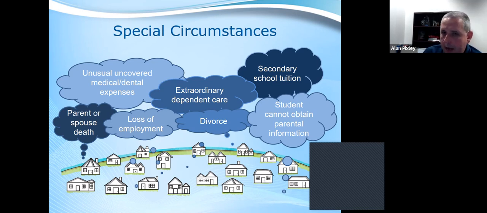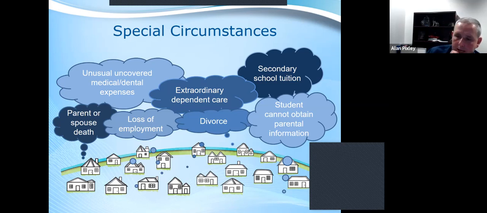If you can show proof that you paid that, that can actually help to adjust that EFC formula. Loss of employment. Maybe you have a special needs child that causes you to have extraordinary child care, something like that. A school can take that into consideration. It could be a divorce that's happened that's caused an excessive expense. So those are some examples of some of those things.